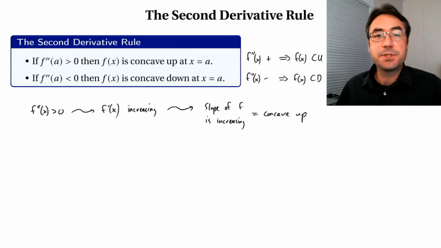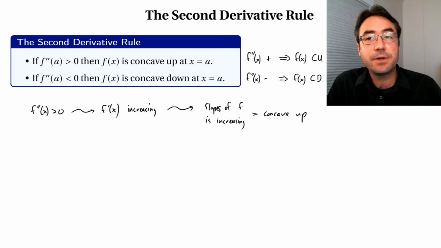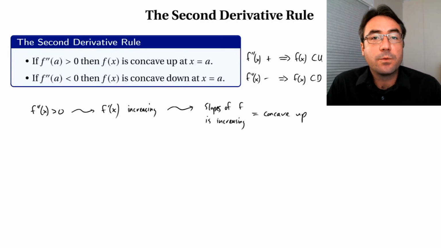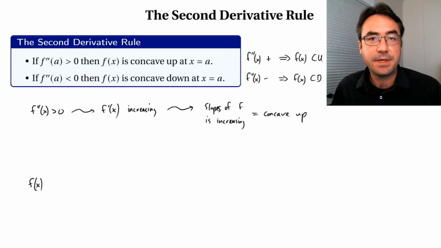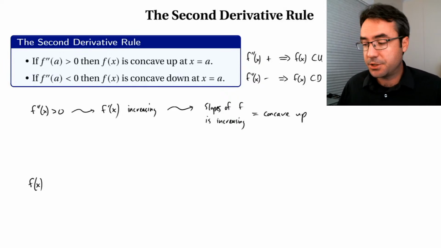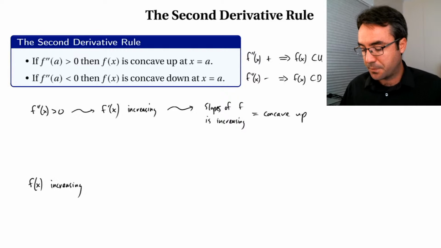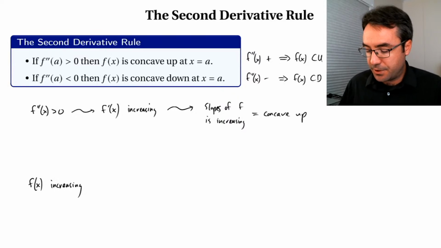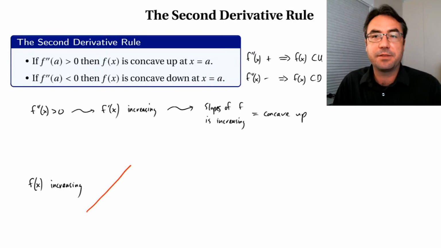So if the slopes of our function are increasing, well, that's one way to define concave up. So let's look at potential examples for an increasing function. If f is increasing, that just tells us the general trend. So it means it's going up like this.